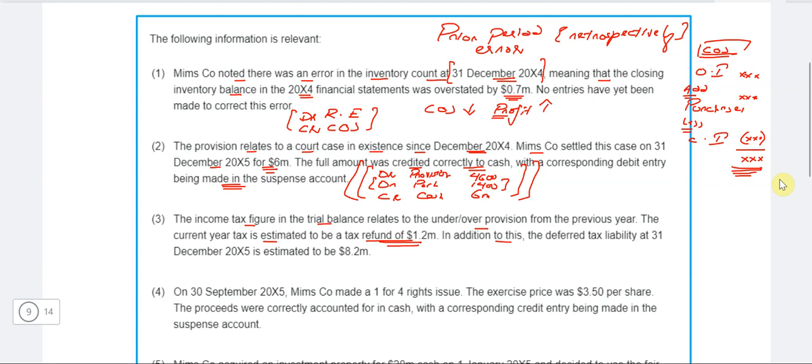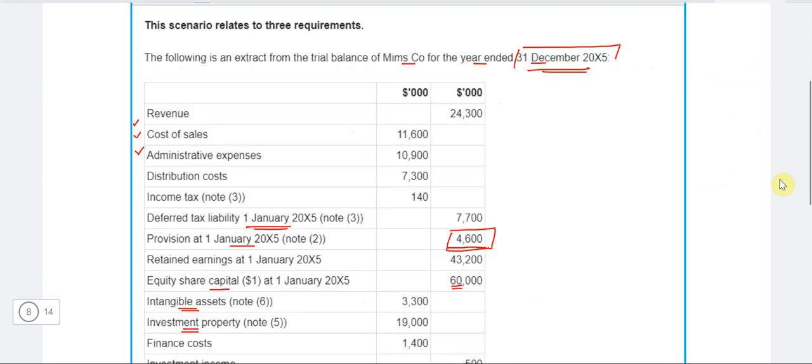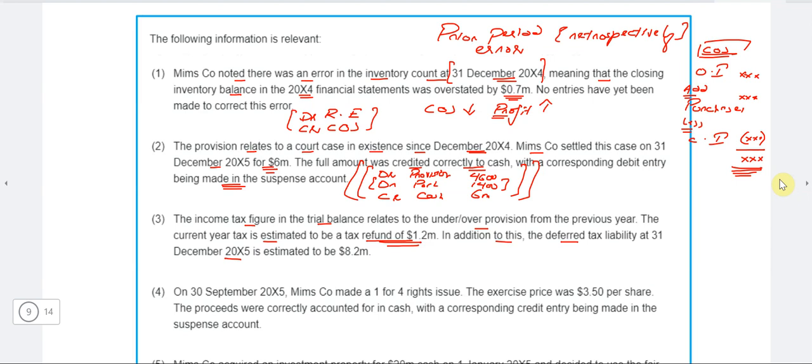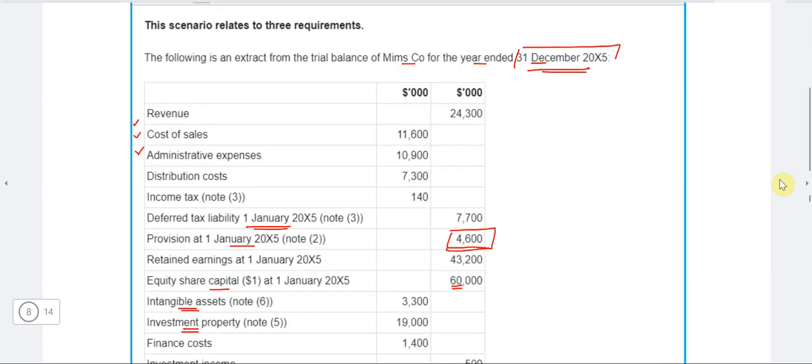In addition to this, the deferred tax liability at 31st December 20X5 is 8.2 million. Okay, let's go back to the trial balance and see. The opening balance was 7,700 and the closing balance is 8.2 million, 8,200.